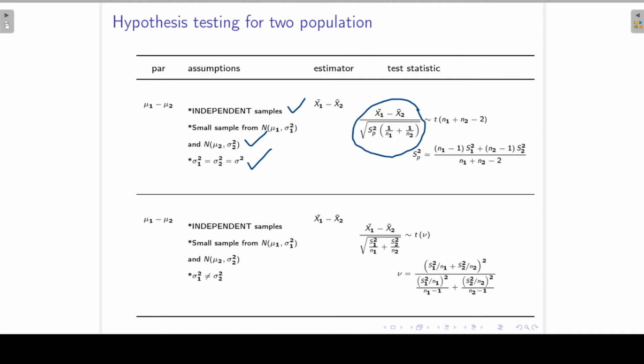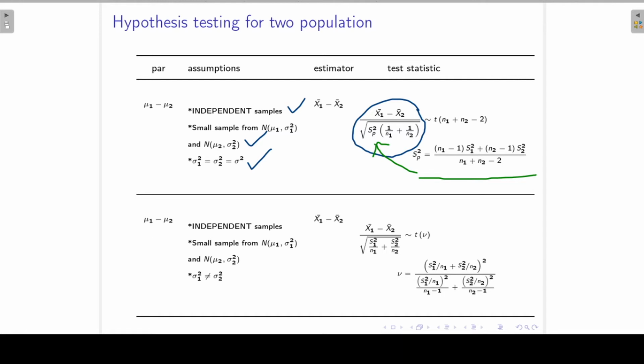So that just means that if we want to get the critical values for our rejection region, we make use of the t-distribution. Or if we want to calculate the p-value, then we will calculate the p-value from the t-distribution. And here we just have the pooled variance. We have to calculate the pooled variance because we need that to substitute it into our test statistic formula.